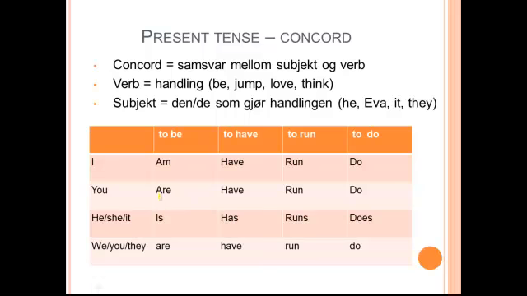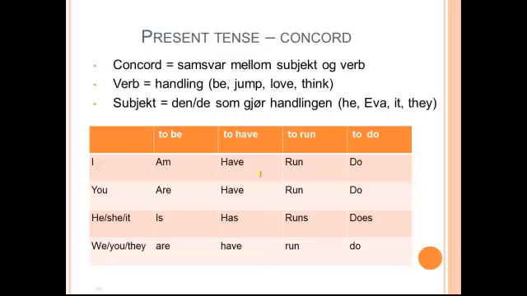If you look at the verb to be, it has a different form for each of these: I, you, he, she, it, and we, you, they. And I think you know this by heart, like I am, you are, he, she, it is, we, you, they are. But it's not always that easy to do this correctly in a text.